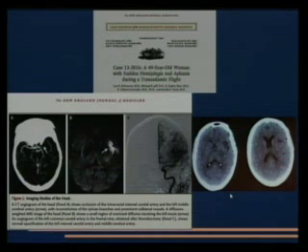So the plane landed in the Boston airport. They transferred the patient to the unit in the Massachusetts General Hospital. They did the CTA, and you see the occlusion.